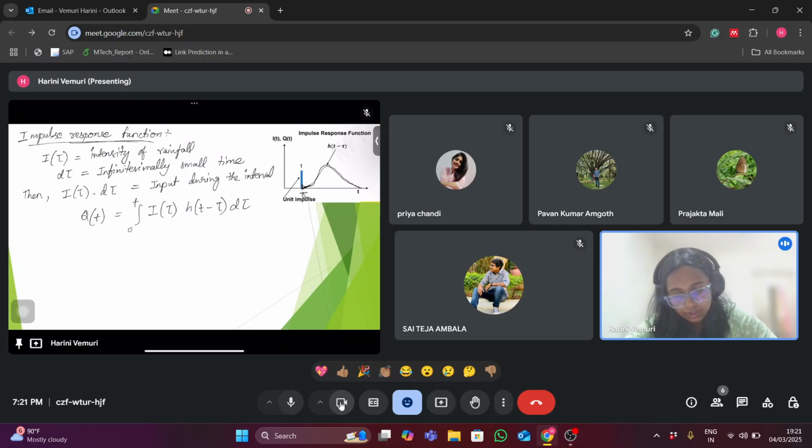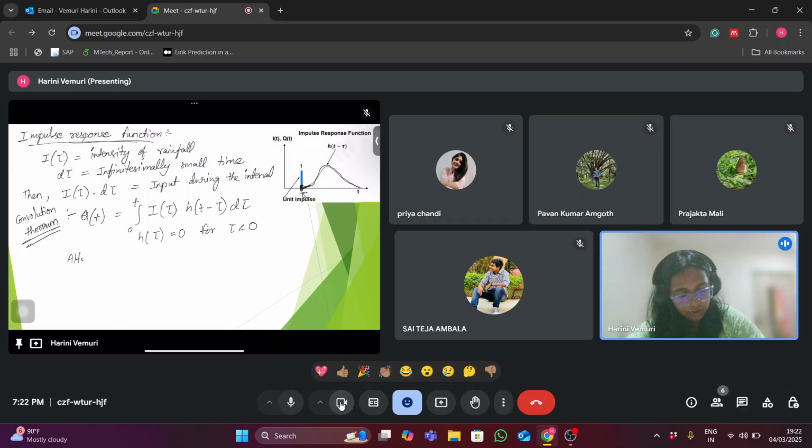Okay, this is obtained from the convolution theorem; we can derive this. And in this case, h of tau is equal to 0 for tau less than 0. For tau less than 0, there is no response. That's why h of tau is 0.